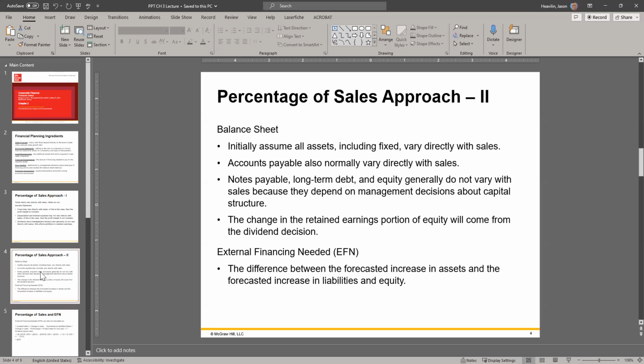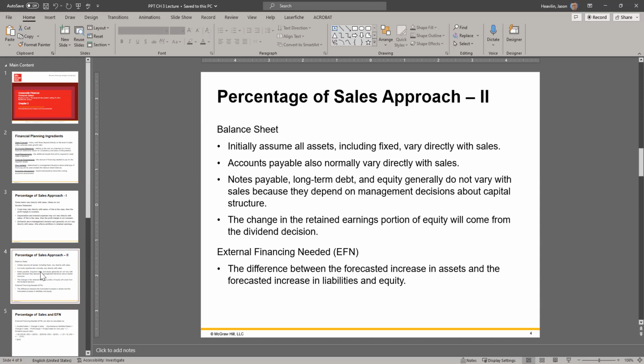Notes payable, long-term debt, and equity generally do not vary with sales because it depends on management decisions about capital structure. This ties into what we said in the previous slide, where interest payments and a dividend policy, which affects retained earnings, are not decisions that are made based on level of sales.